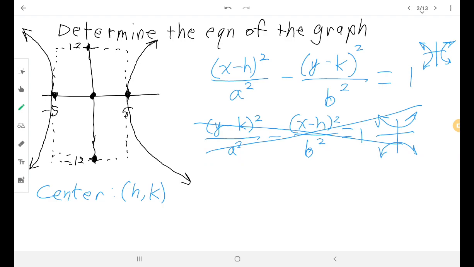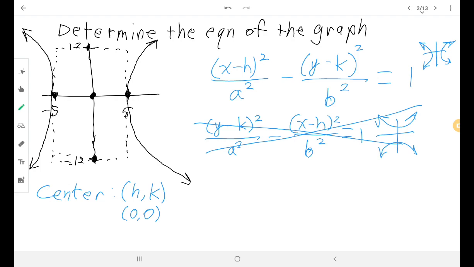All the conic sections, their centers are always at (h, k). So in this case, the center is right there, and our (h, k) is (0, 0), the origin, which is going to be the case throughout this particular section, and then we'll look at ones beyond that.